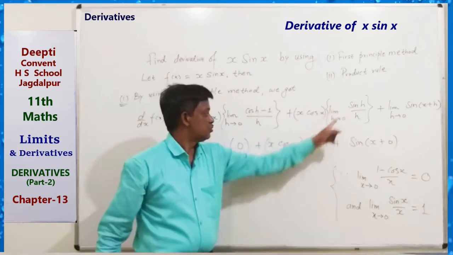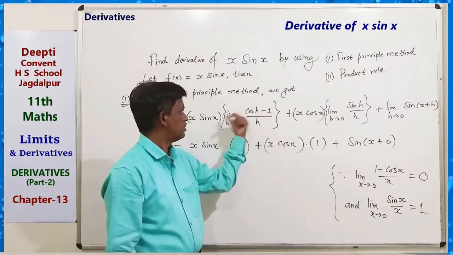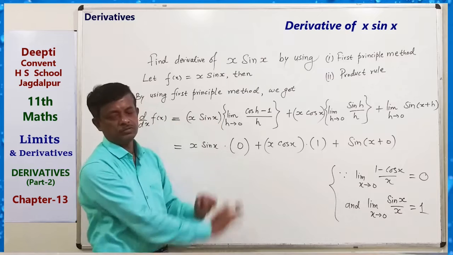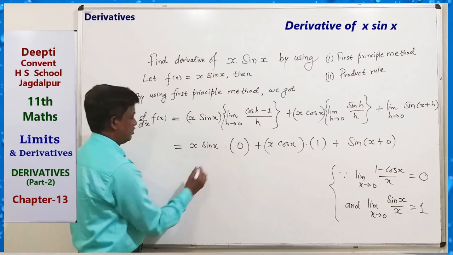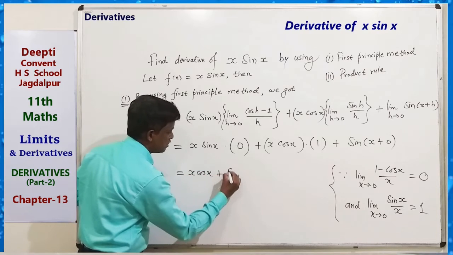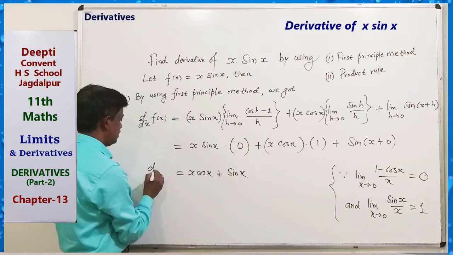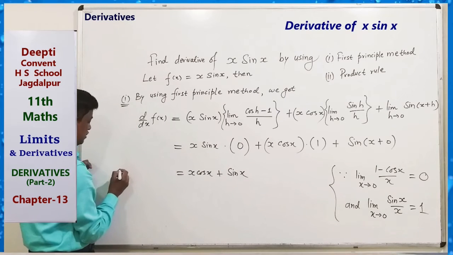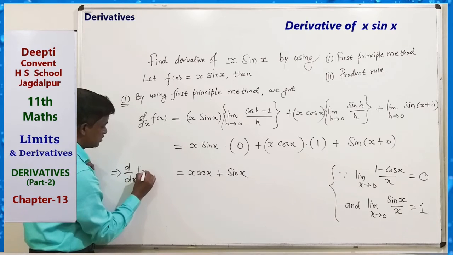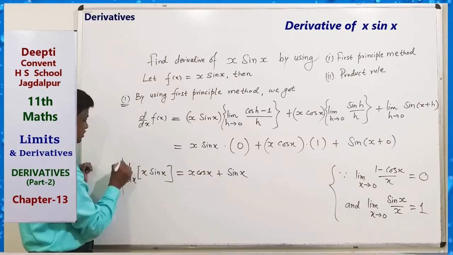So this equals 1, and this equals 0; you can take the minus sign outside and that will be 0. So finally we get x cos x plus sin x, the derivative of x sin x.